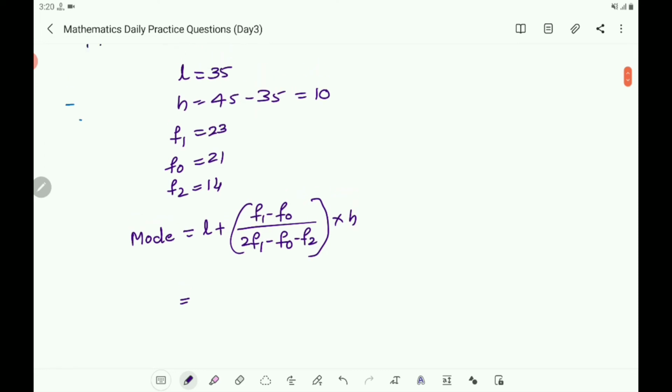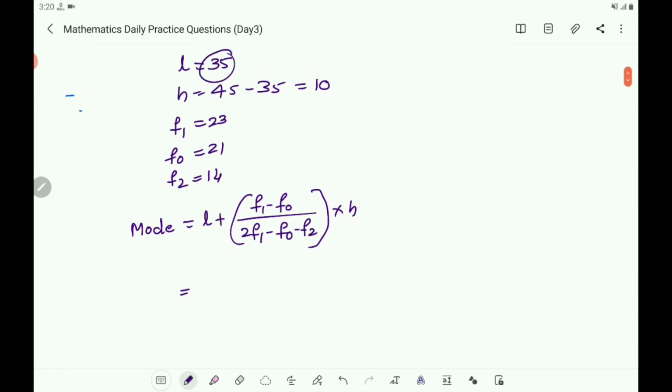L is 35, so write 35 plus, F1 is 23, F0 is 21, F2 is 14. Substitute the values: 23 minus 21, and 2 into 23 minus 21 minus 14, into H is 10.